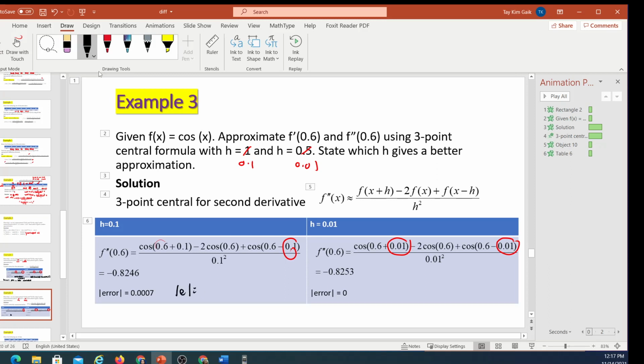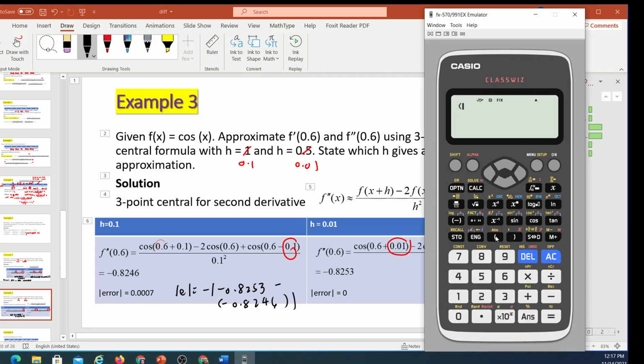The error is negative 0.8253 minus negative 0.8246. If you get a negative, you take the magnitude, which is 0.0007.